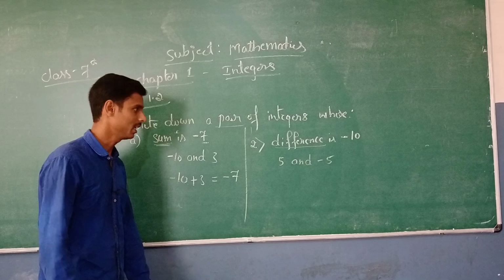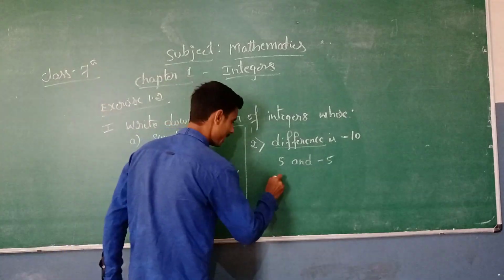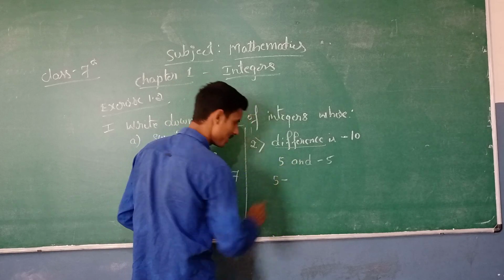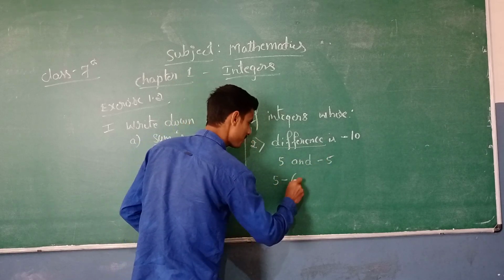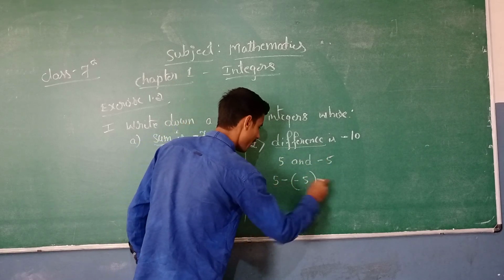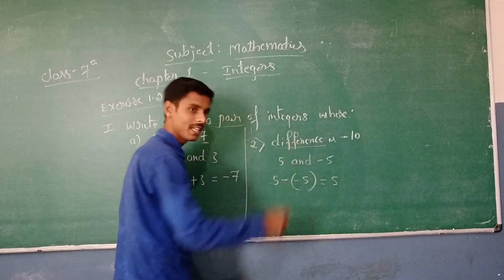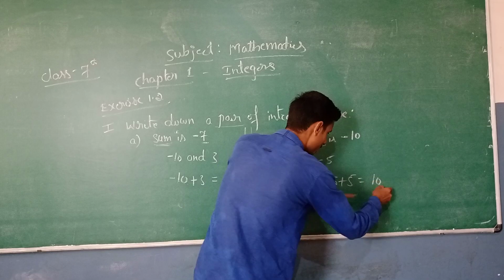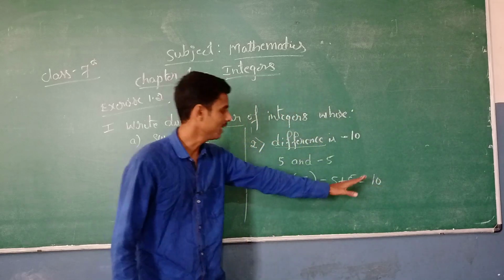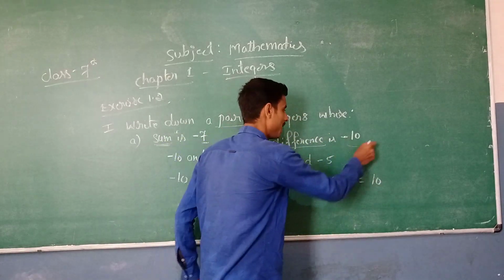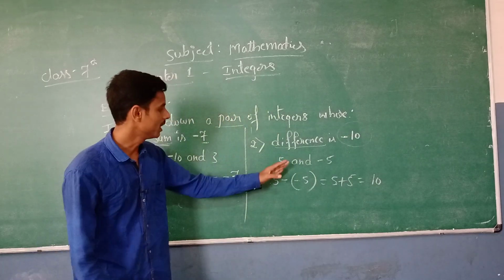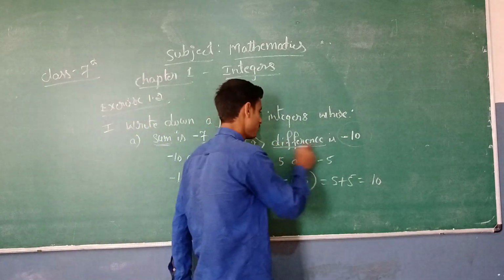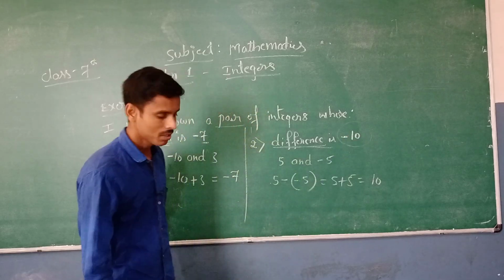Difference means minus of minus 5. For 5, minus of minus is plus, equals 5. We get plus 10. We should not get plus 10 here. We want minus 10. Therefore, 5 and minus 5 will not work, the difference will not become minus 10.